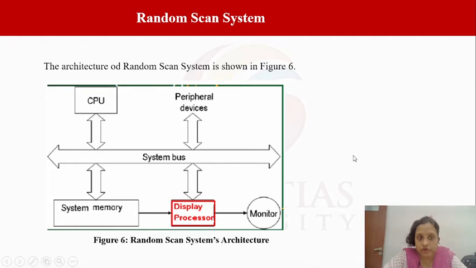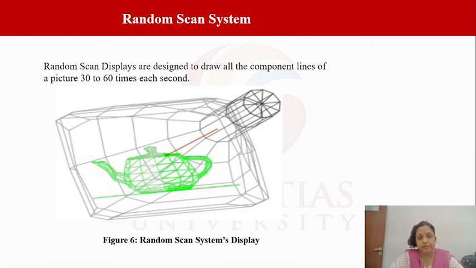The architecture of random scan system is just like the raster scan, in which between the system memory and monitor there is a display processor to control the video. Random scan displays are designed to draw all the component lines of a picture 30 to 60 times per second. This is the basic structure, where we draw an image of a kettle. This is a line-based picture.